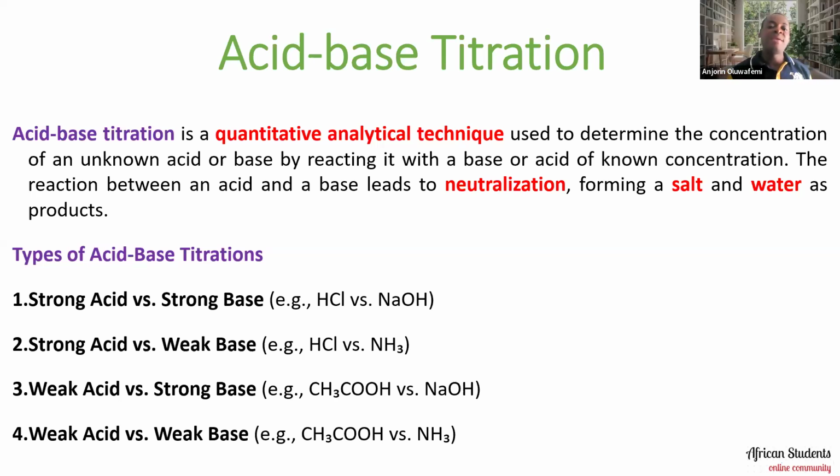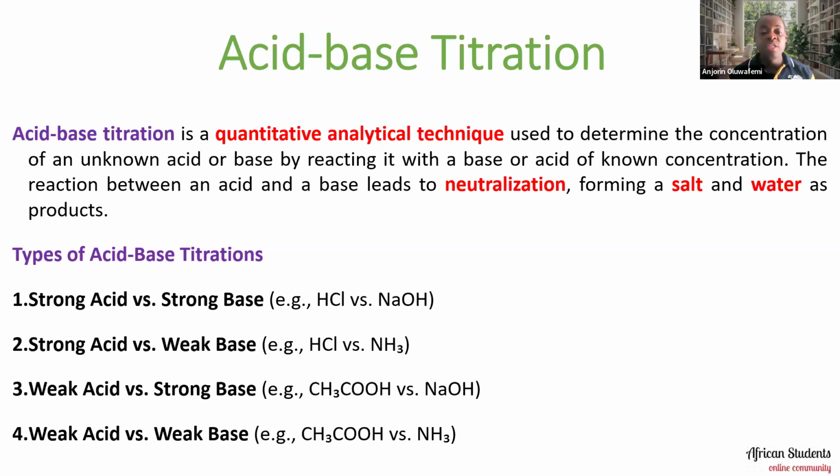Now, there are different types of acid-base titration. The first type is the strong acid versus strong base titration, in which we are bringing HCl and we are titrating with sodium hydroxide. The next one is a strong acid versus weak base titration, like HCl and ammonia.